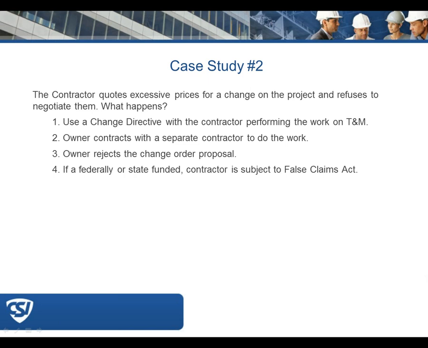So my first comment would be that if the contract is based on or very similar to the AIA contract document language, the contractor cannot refuse to perform work that's issued by a construction change directive without being in breach of their original contract.